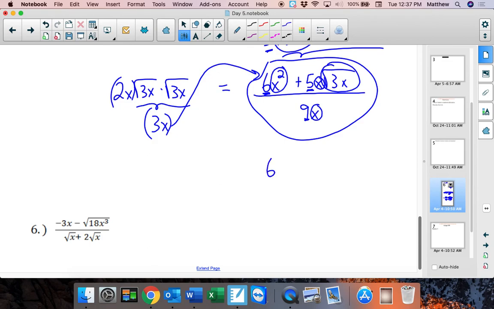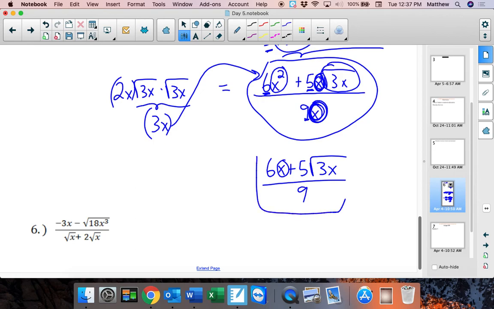So I would get 6x plus 5 root 3x all over 9. Again, this x can cancel out with this x squared and leave an x in my numerator. This x down here, see this here, and the x in that cancel out, and so we're left with this.